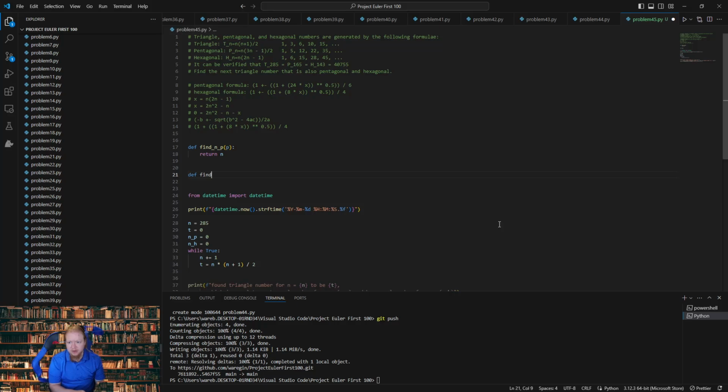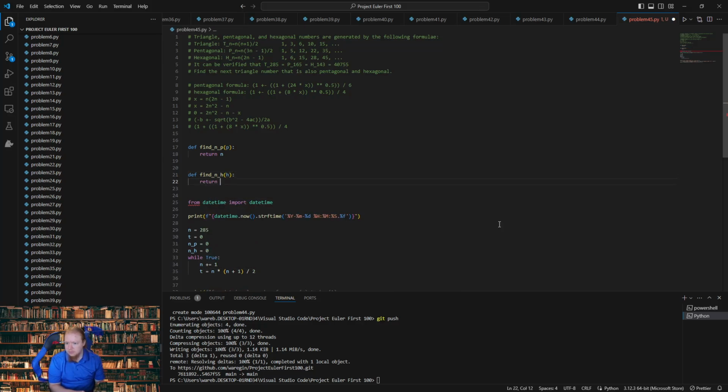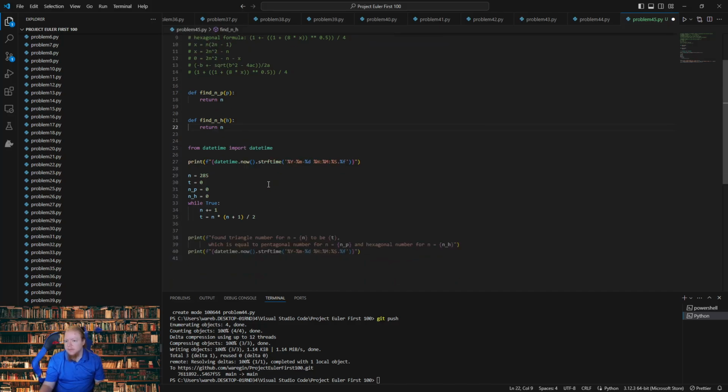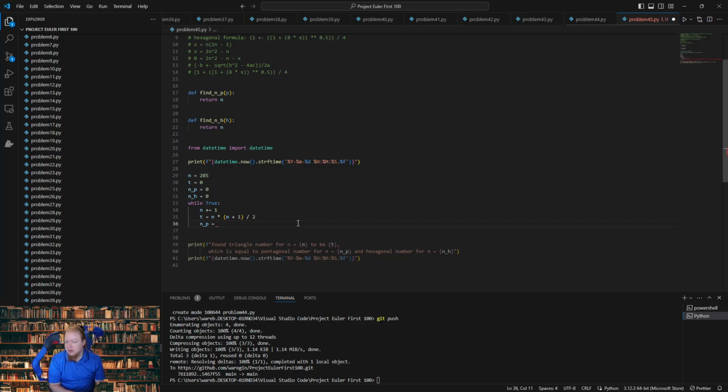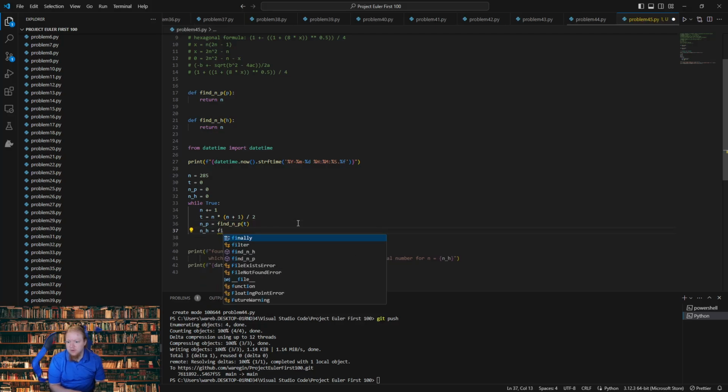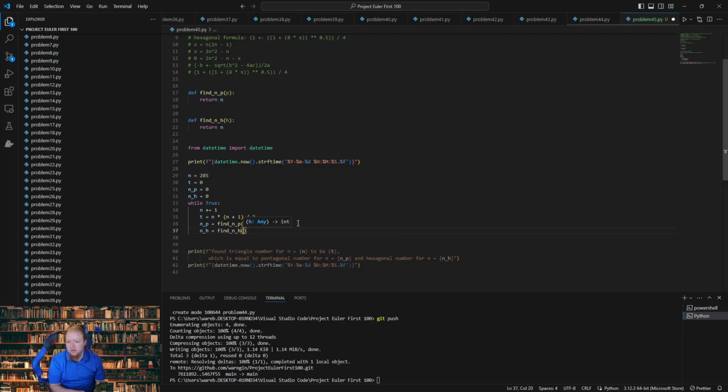We'll have to actually build out our method, but for right this second, we're just going to do it this way. And then n of p equal to find n of p for t, and n of h is equal to find n of h for t.